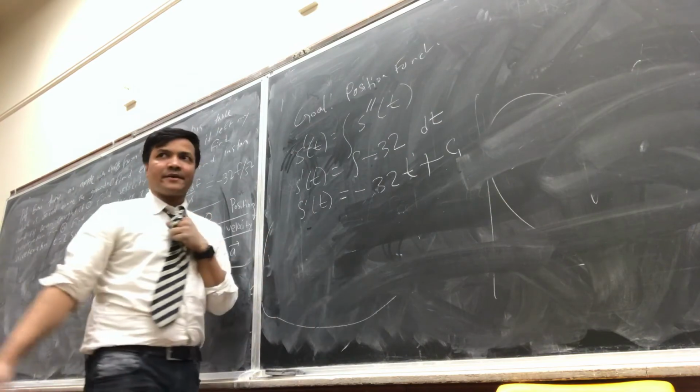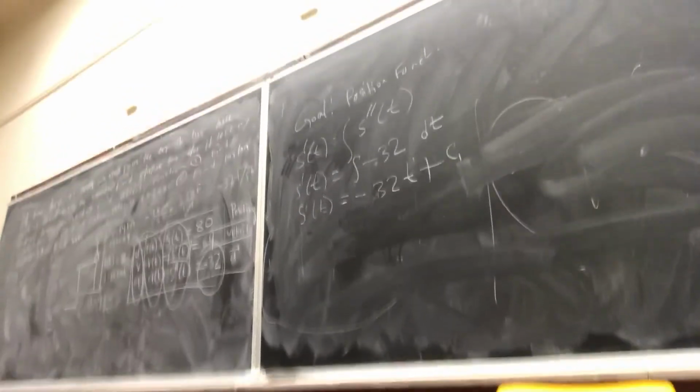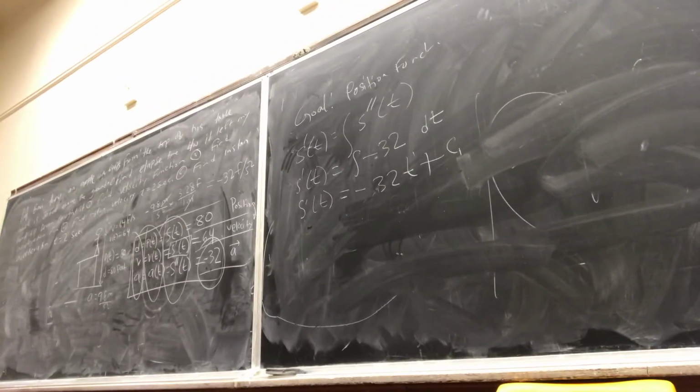S prime of t. When I was here with the apple in my hand, before I throw it, what was the velocity? 0. No, we had a constant of this. The moment I started, the moment I apply the force, what was the initial velocity? 64.